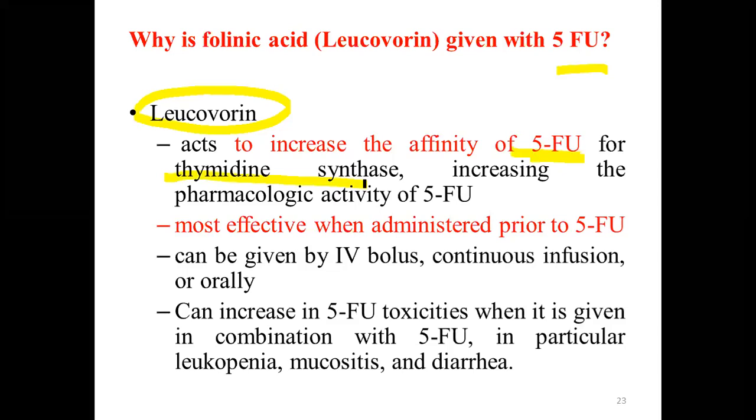Remember, the principal mode of action of 5-FU is inhibiting thymidylate synthase, which reduces DNA and RNA synthesis in the cancer cells. So when you combine leucovorin with 5-FU, the affinity of 5-FU is enhanced, which increases the pharmacological activity. According to different guidelines, it is more effective when given before 5-FU.